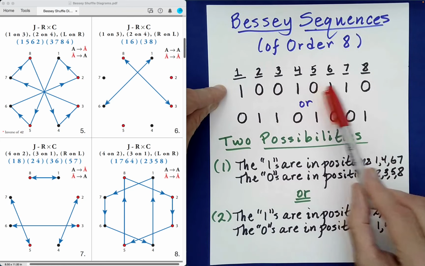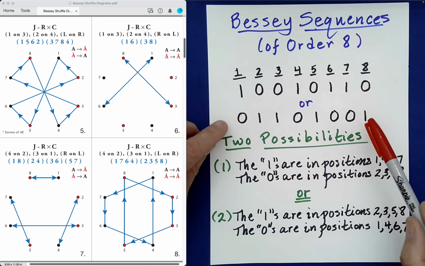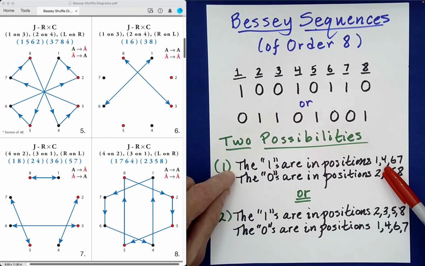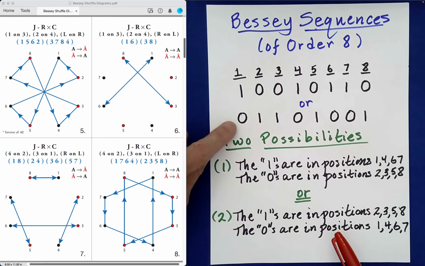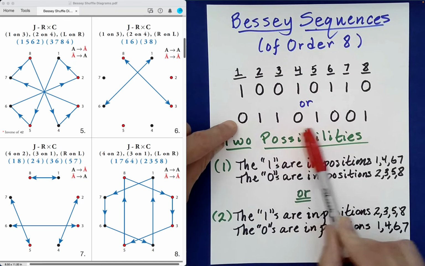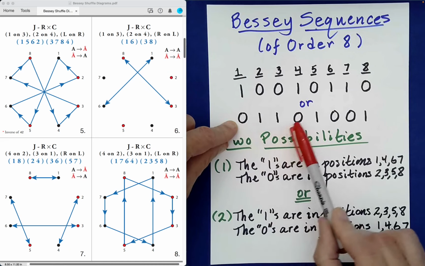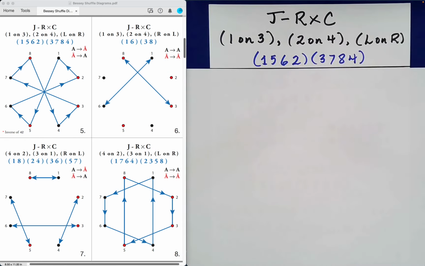The inversion of this Bessey sequence is what's found below, and the statements that we've made here simply get reversed. Namely, the ones are now in positions 2, 3, 5, 8, and the zeros are in positions 1, 4, 6, 7.